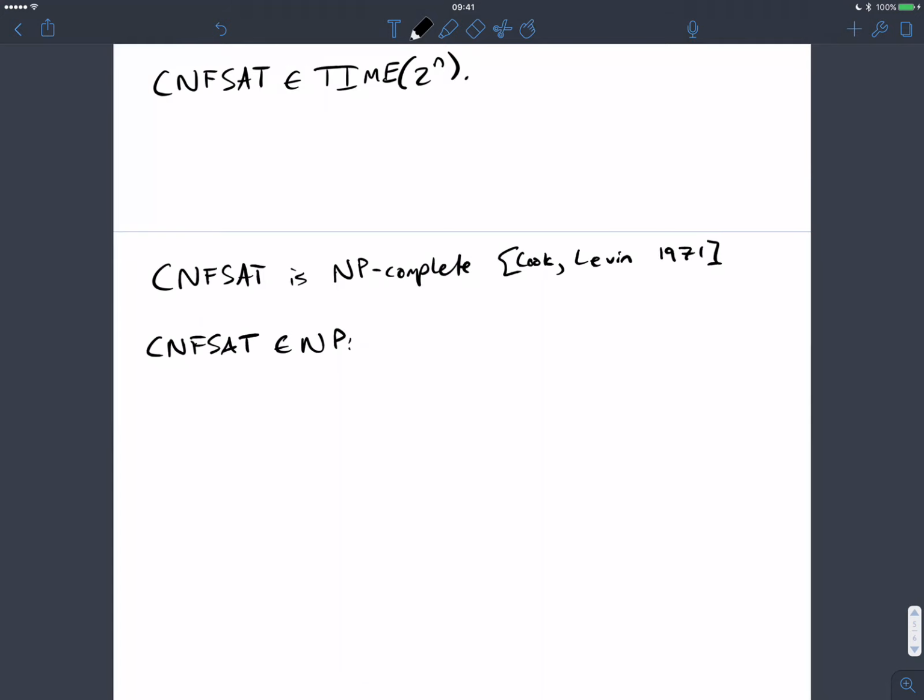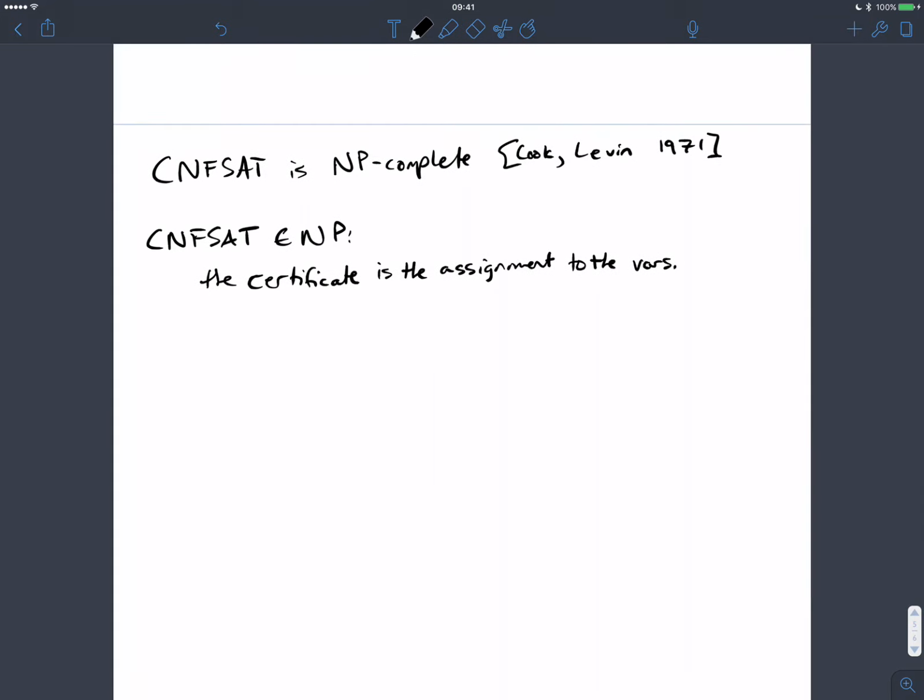Why don't I just evaluate the formula, right? If any clause is false, then the whole formula is false. So the certificate is the assignment to the variables.